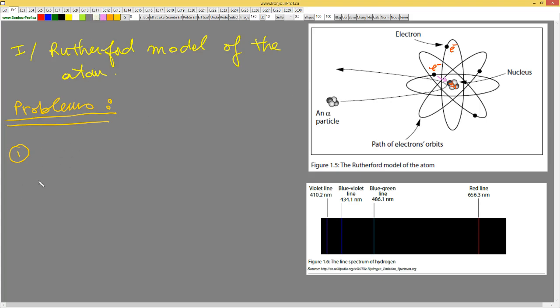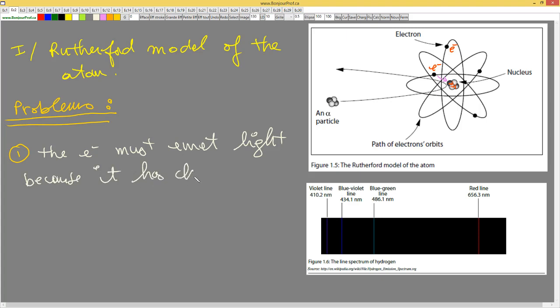The electron must emit light because it has a charge and it moves.